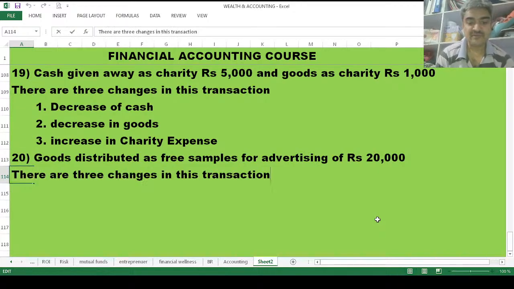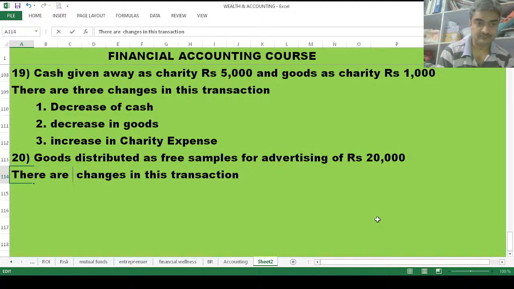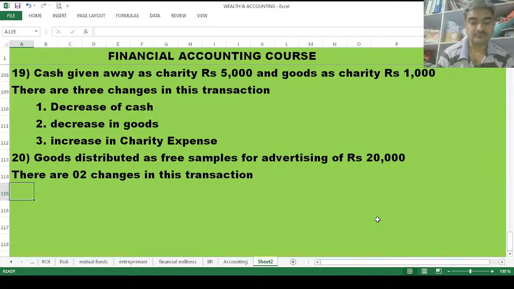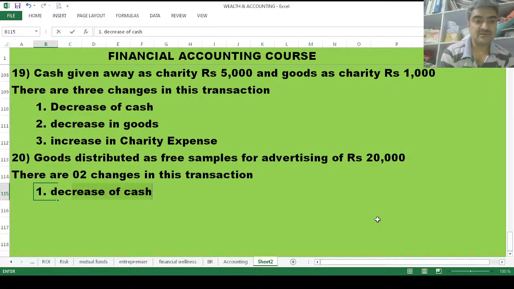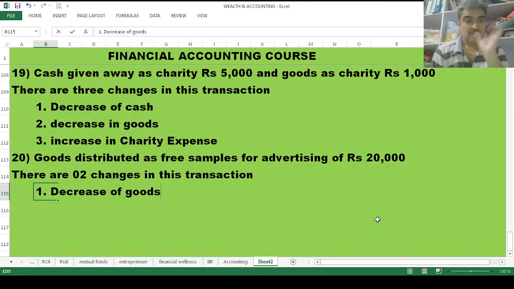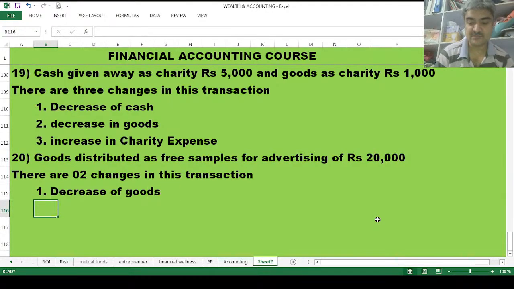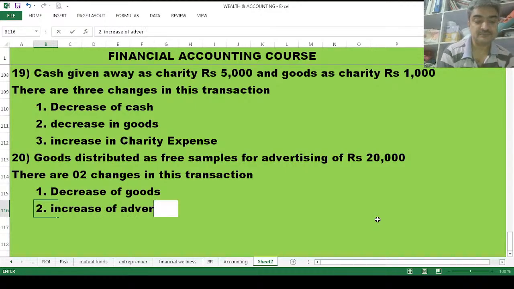There are two effects in this transaction. Number one is decrease of goods, and number two is increase of advertisement expense.